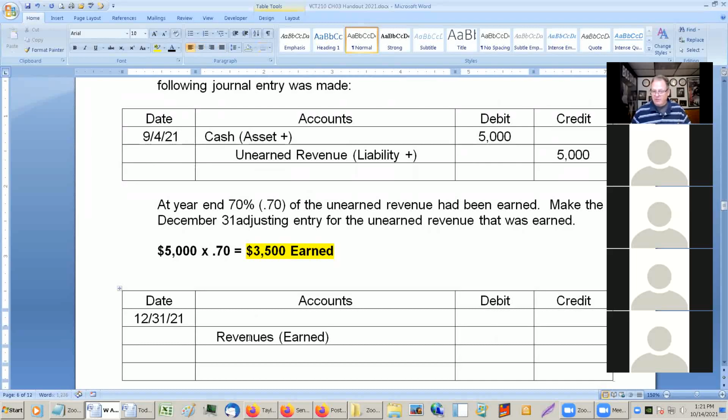By definition, all revenue is earned, so this is not a wrong entry at all. 3,500. And our unearned revenue, which is really not a revenue at all, it's a liability, is going down by 3,500. We earned 3,500 of it. We no longer owe them for 3,500 of this thing.